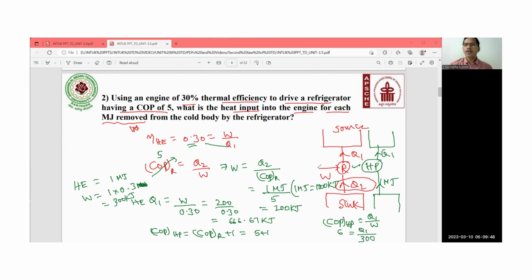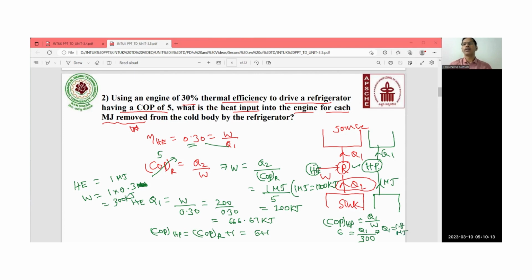So what you have to do is, a heat engine is to be connected to the refrigerator. Then what about its performance? Instead of a refrigerator, if the heat engine is connected to the heat pump, then how are the parameters going to change? So from this case, the Q1 value you can get is 1.8 megajoule.